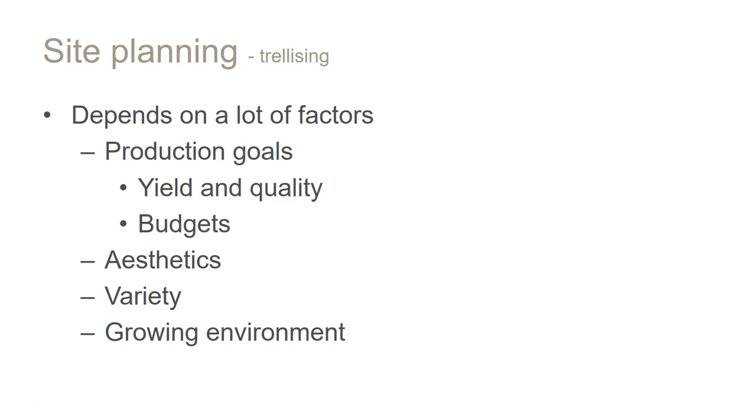We don't really want to occlude the fruit in New Zealand with leaves because then we'll get green aromas and we won't get ripe, right? So growing environment plays into that as well. In those cooler climates, we're going to want more open fruit zones than in warm climates. And in really hot climates, we may actually want to put some leaves in front of the fruit to keep the heat load down so that it doesn't sunburn.